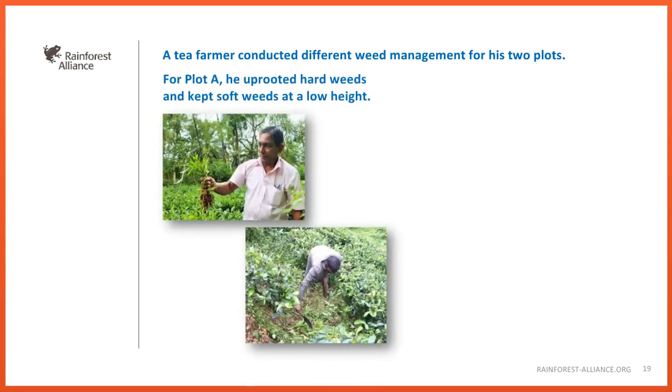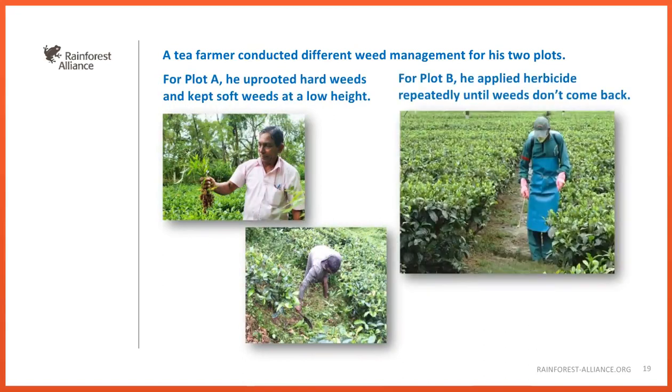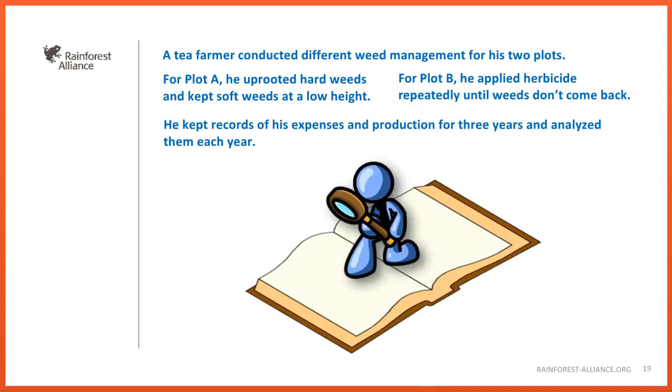Last quiz. A tea farmer conducted different weed management for his two plots. For plot A, he uprooted hard weeds and kept soft weeds at a low height. For plot B, he applied herbicide repeatedly until weeds didn't come back. He kept records of his expenses and production for 3 years and analyzed them each year.